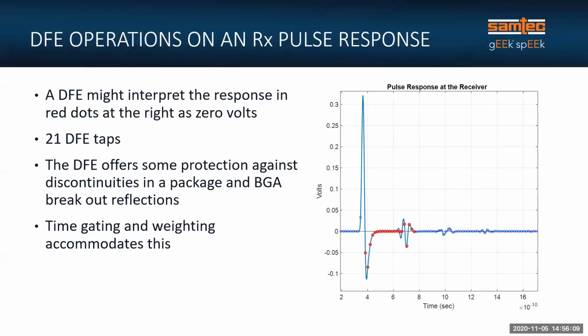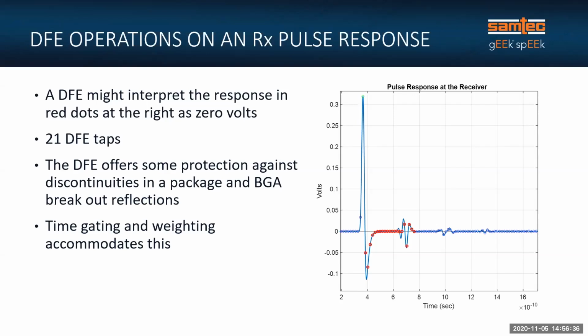So this is a graphical view of maybe a pulse response, okay? And there are reflections on this. The red dots represent a DFE at a receiver. This is very similar to what we had done in the prior examples, but this is the pulse response.